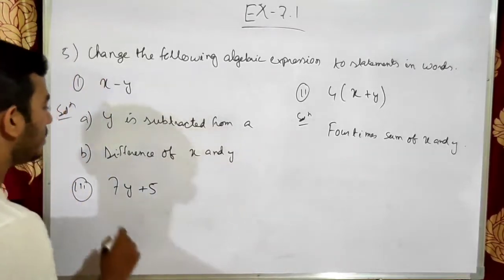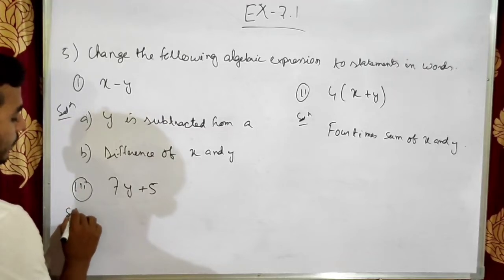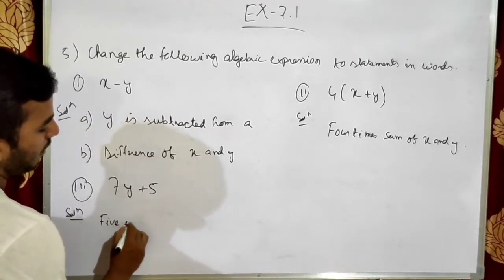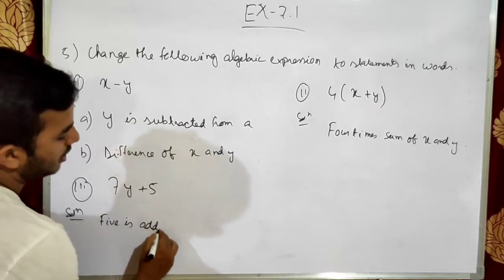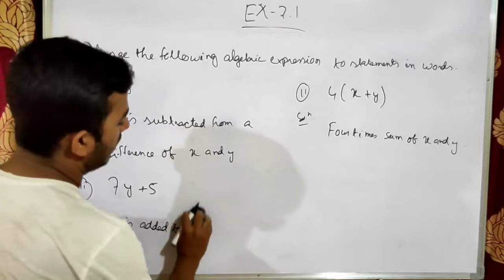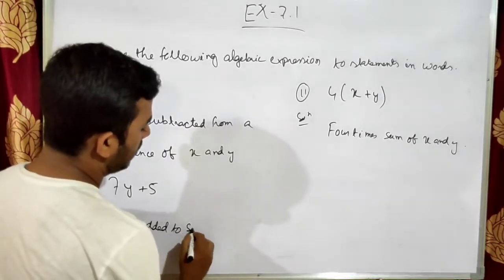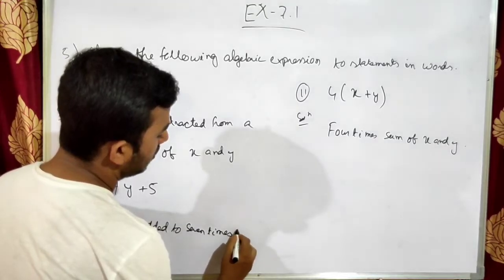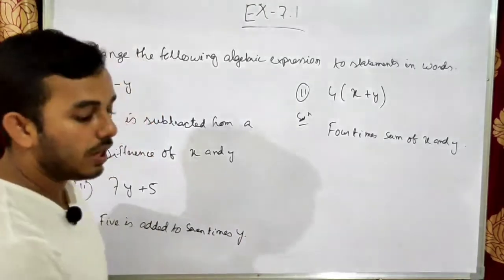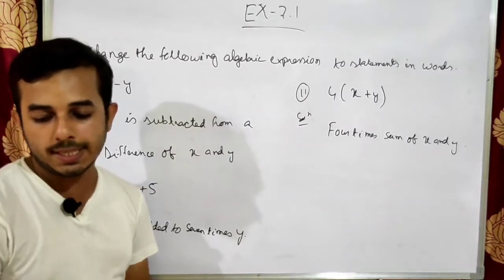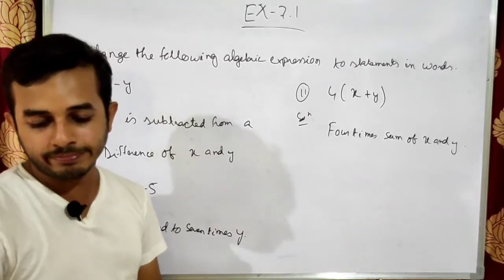Like this you can say, isn't it? 5 is added to 7 times y. Up to this clear? Like this you can solve every one. Okay, let us solve another one.